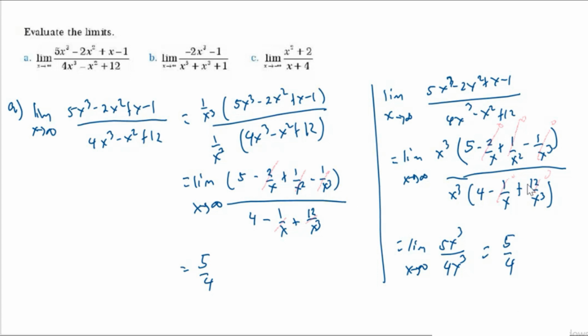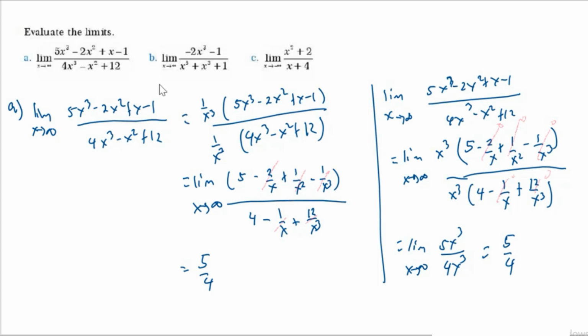Without showing the solution like this, we could say that the limit will be equal to the ratio of the leading coefficients, the coefficient of the highest power. In the numerator, the leading coefficient is 5, and in the denominator, the leading coefficient is 4, because 4 is the coefficient of the highest power, which is x cubed. So our answer here is 5 over 4. That is how to answer without the solution.